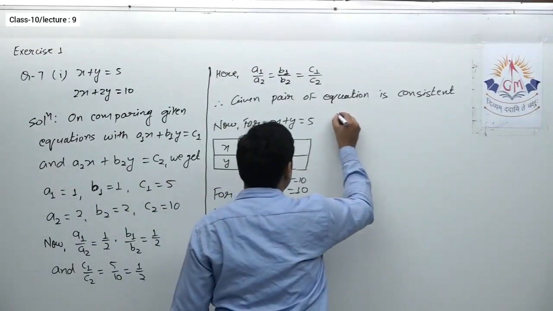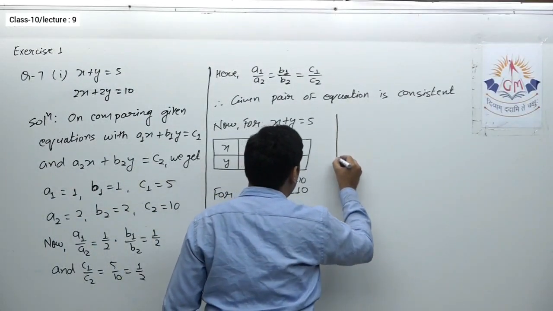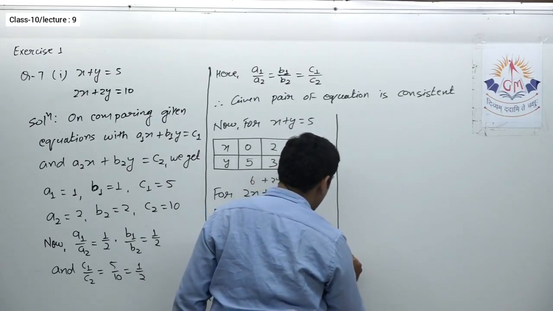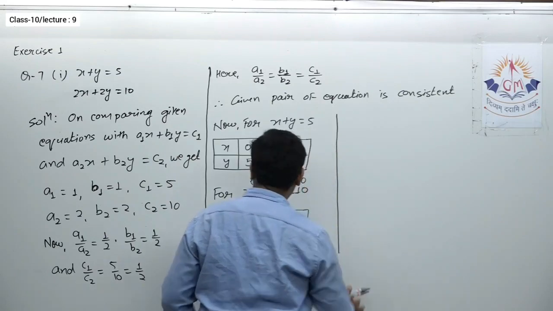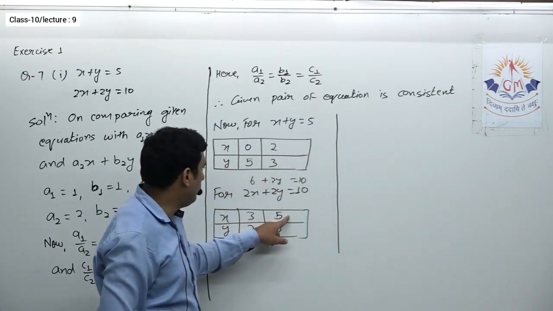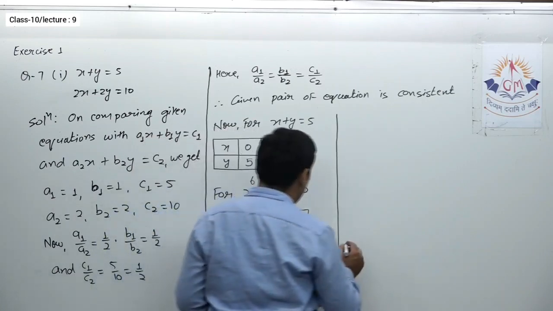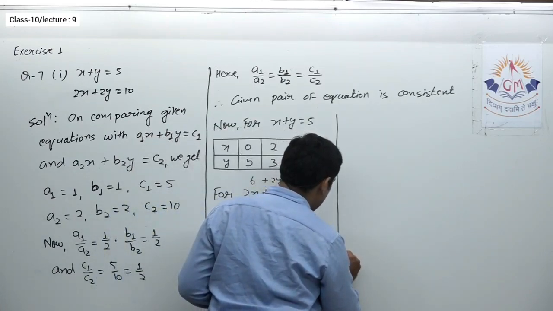Now we have to draw the graph for these two equations. So let me draw the graph over here. You can see on the x-axis we have to go up to 5, and on the y-axis again we have to go up to 5.